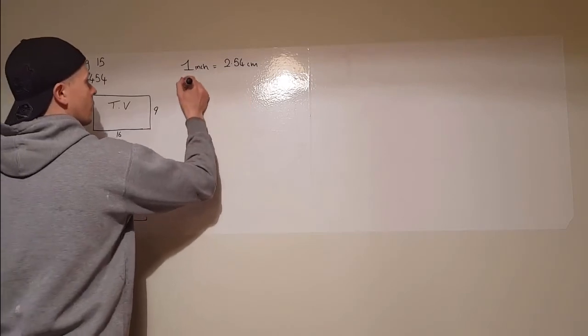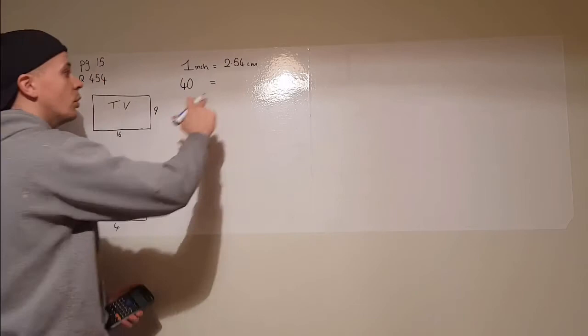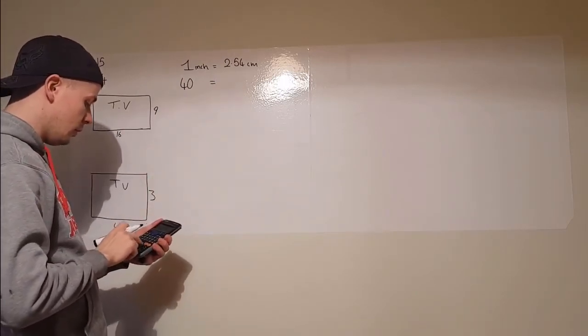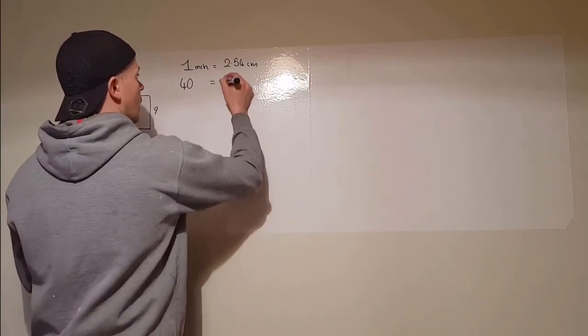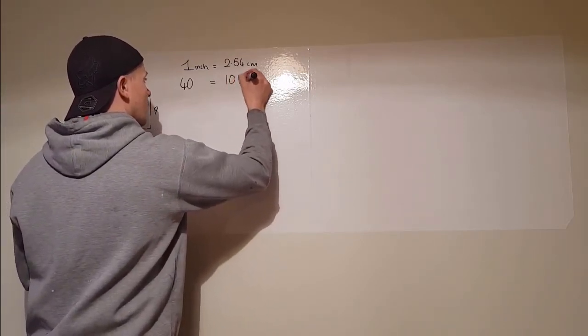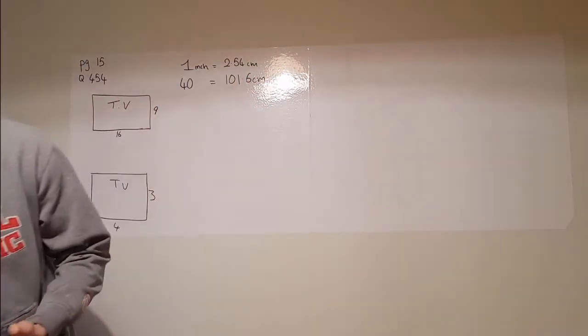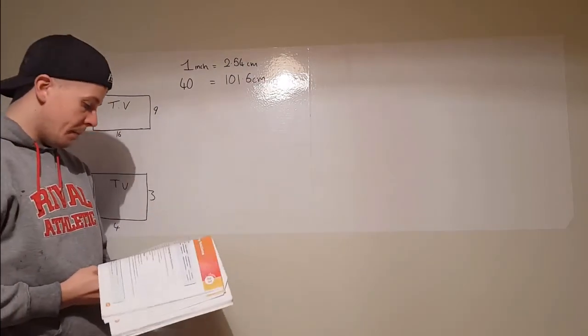We want 40 inches, so 40 is equal to this figure multiplied by 40. So 2.54 by 40, and we're going to get 101.6 centimetres. Alright, and that's that. So that's part 1.